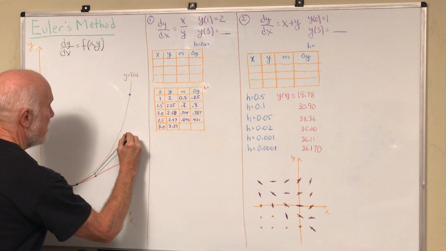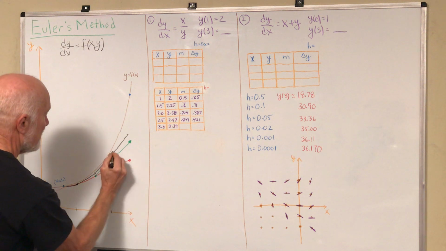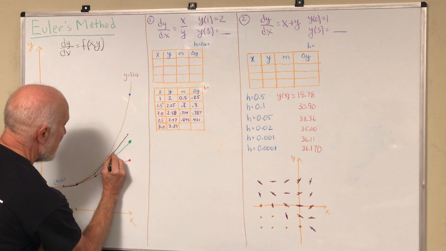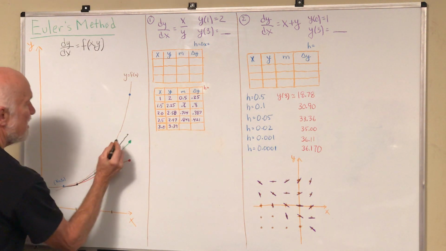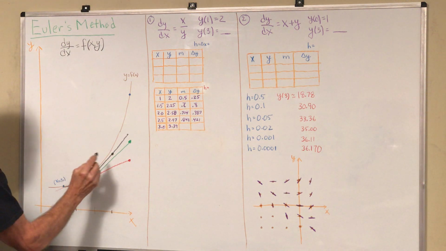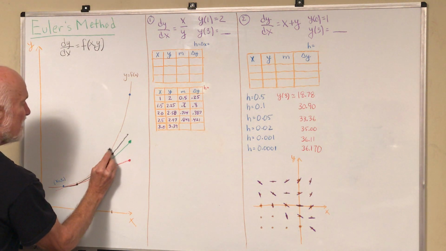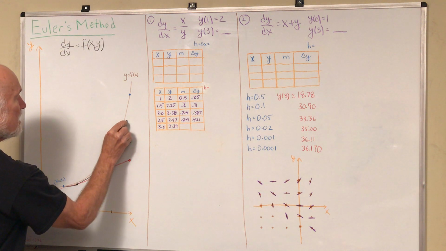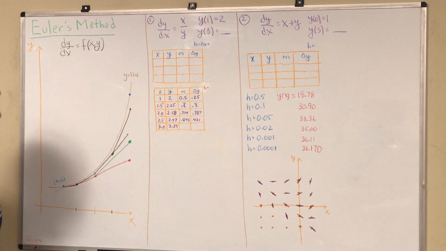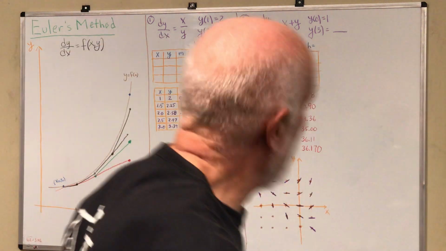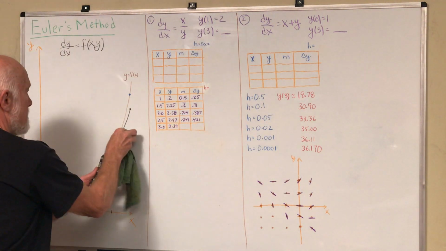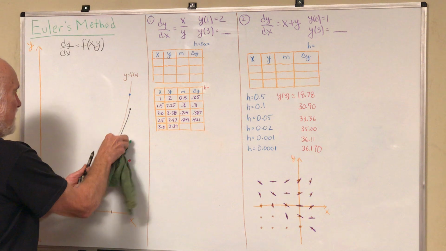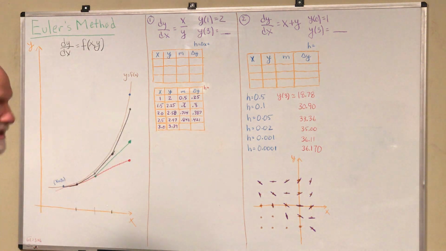And get another straight line, whoops, just up to here. And then readjust the slope again, seeing that the slope has gotten steeper, and go up to that point right there. Just get rid of that part that we didn't want.